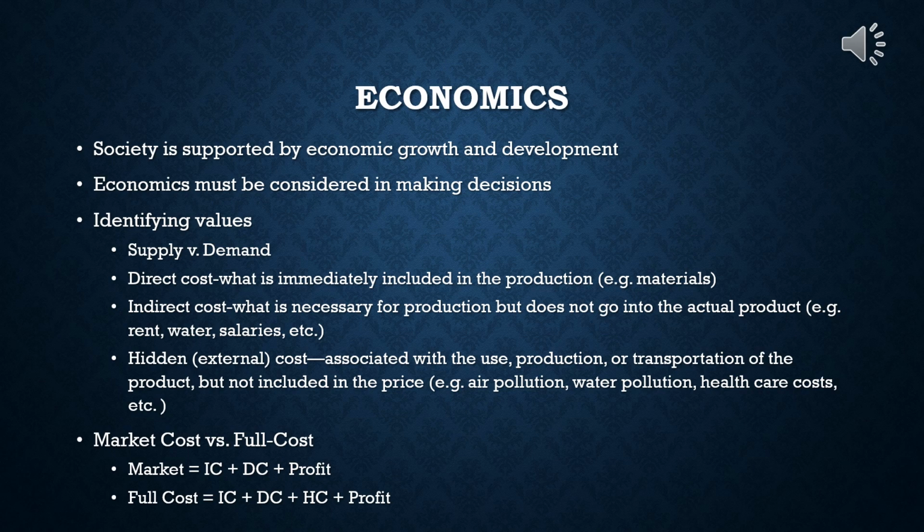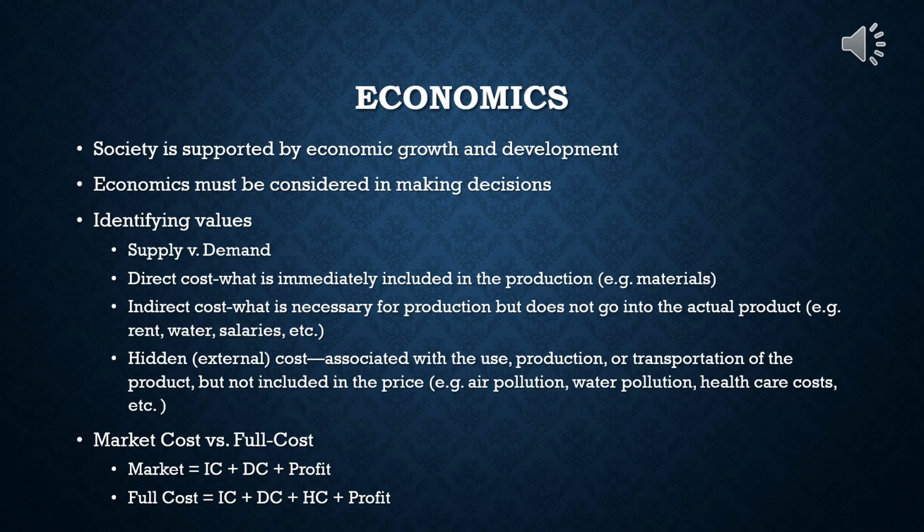Then you have hidden costs, which are also called external or externalities. These are associated with the use, production, and transportation of the product, but aren't necessarily included in the price you pay. These can include air pollution, water pollution, and healthcare costs for things like carbon dioxide and atmospheric issues that cause asthma.